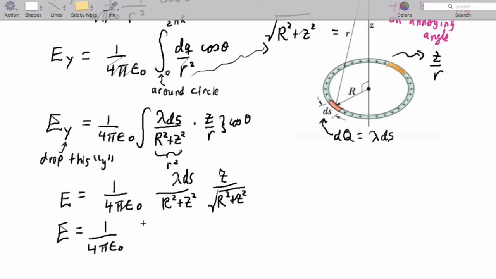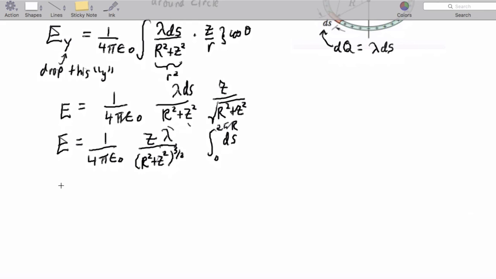And now, let's get all our terms together. Notice z doesn't change and r doesn't change. They actually stay constant throughout the whole problem, so I can treat them as constants. So I'm going to get z over, and on the bottom here, r squared plus z squared to the 3/2. I'll also factor out the lambda times ds integrated from 0 to 2 pi r.